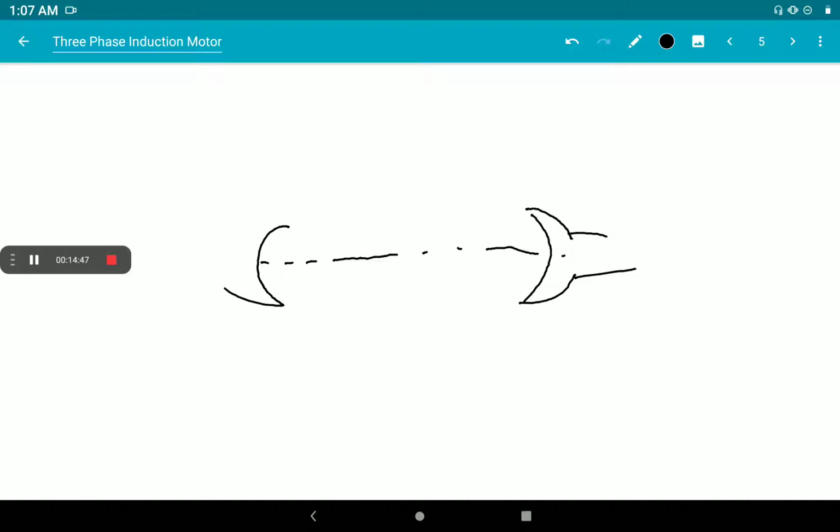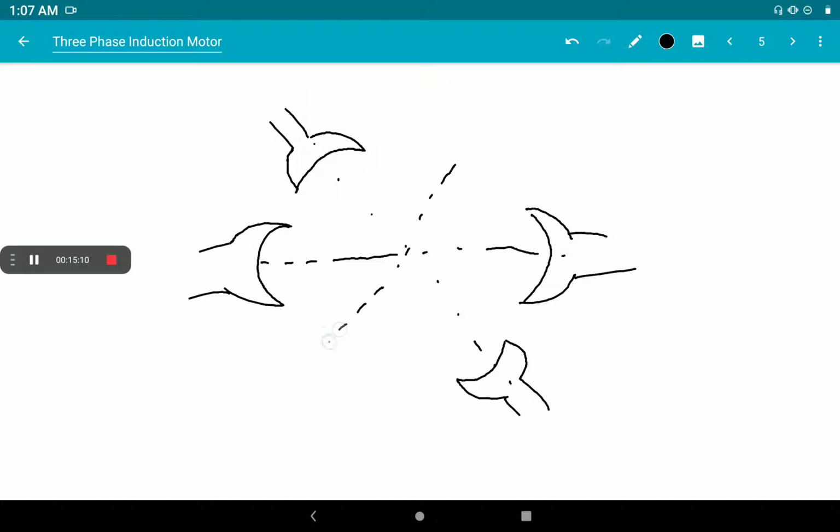First set of north and alternate north and south poles in this, and the second set of magnet, north will be here, and the third set will be here.